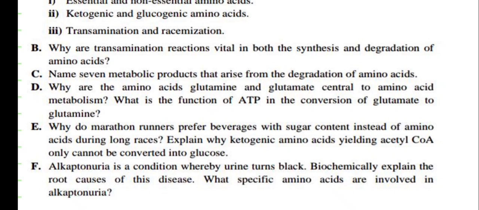Yes, it can be used as a precursor of the Krebs cycle, but it's not used to form what? Glucose directly. So they would definitely prefer something that has got glucose already, because even if you obtain these ketone bodies from these amino acids, they'll just form acetyl-CoA, which is not glucose.